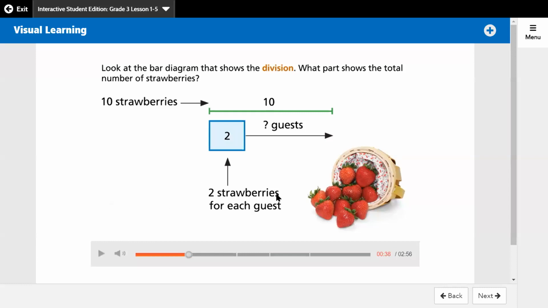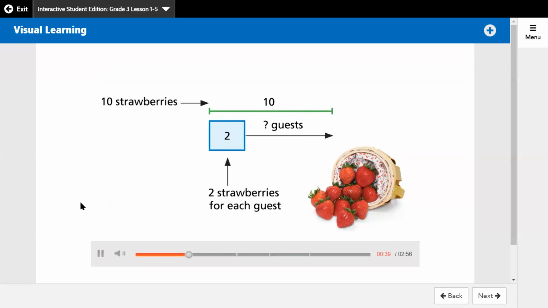Okay, so looking at our bar chart here, as well as the little line up here that has our 10 strawberries, we know that this 10 is our total because it's stretching over the whole length of a bar graph. The line above the bar shows the total. There are a total of 10 strawberries.